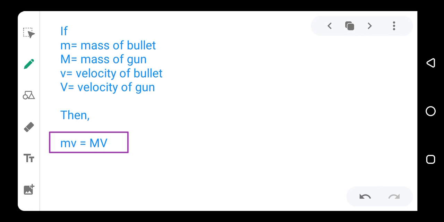Now let's look at some examples where we can use this to calculate either the velocity of the bullet or the velocity of the recoil force.